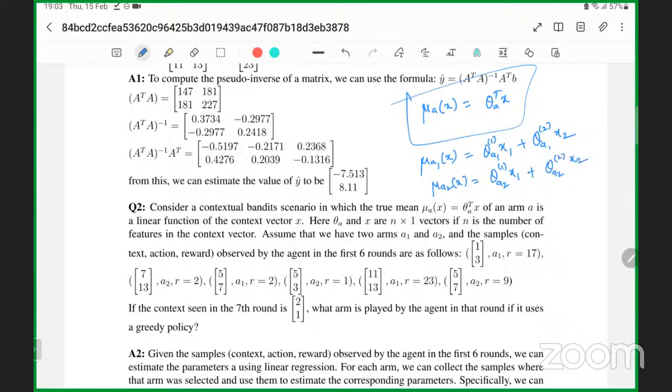You have only four parameters to learn, correct? Whenever you play a particular arm, you get samples about the expected reward of that arm. You get the sample reward for that particular arm.